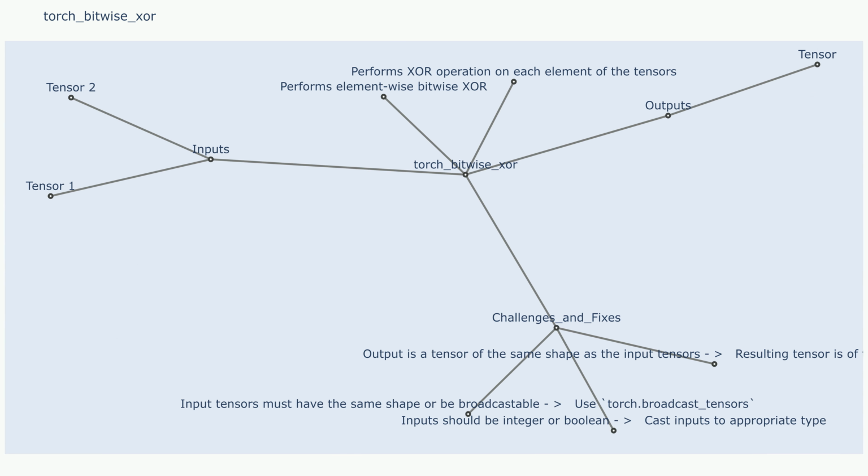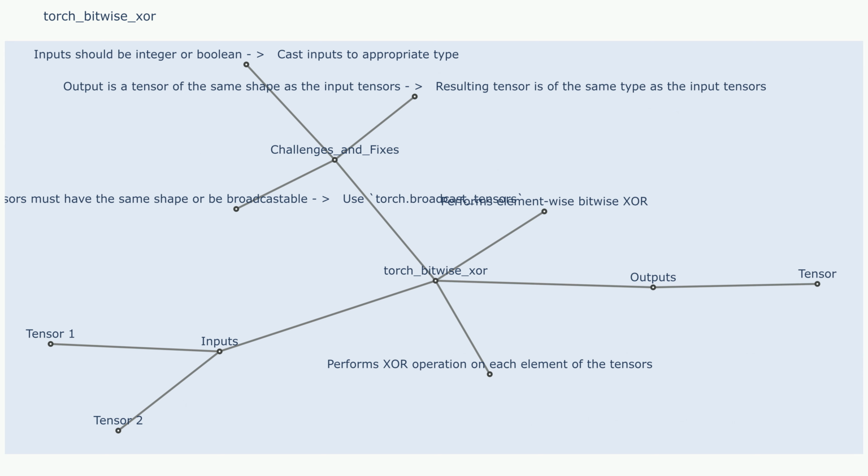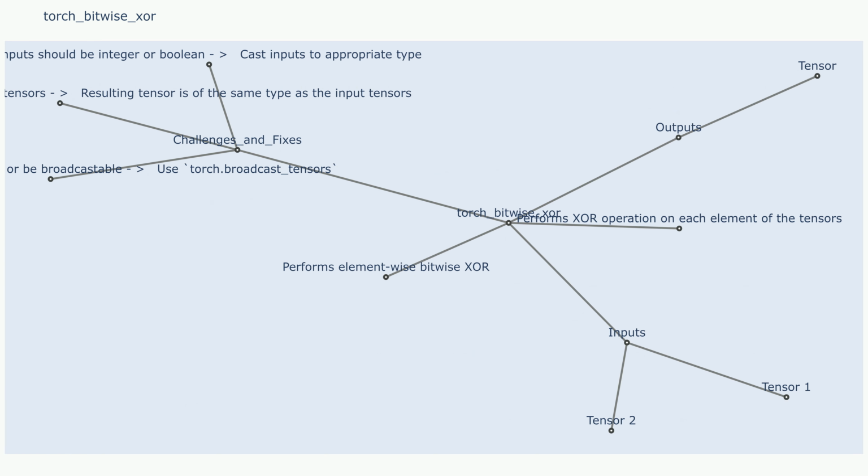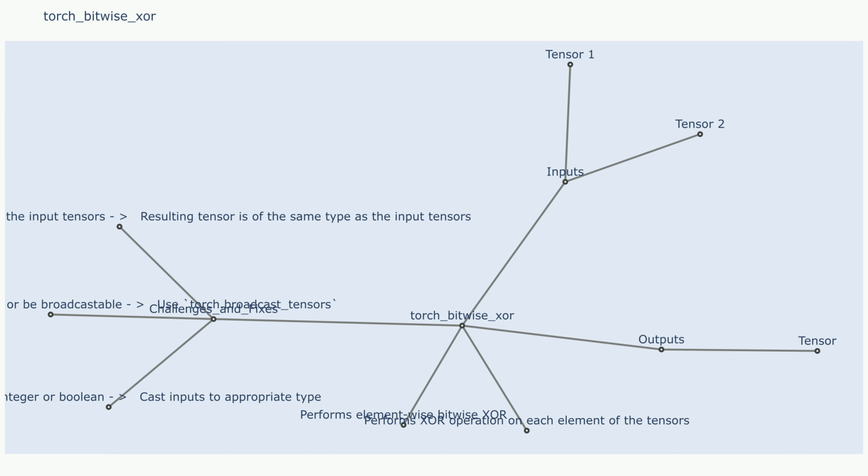Challenge 2, using tensors containing non-integer values. Sample use case that resulted in challenge 2: torch.bitwise_xor(torch.tensor([1.0, 2.0, 3.0]), torch.tensor([4.0, 5.0, 6.0])). Fixes to challenge 2: use tensors containing integer values.